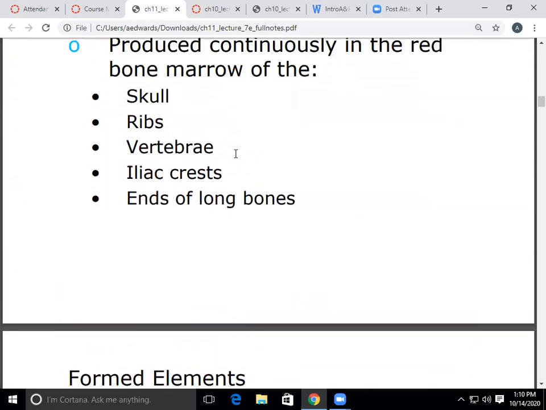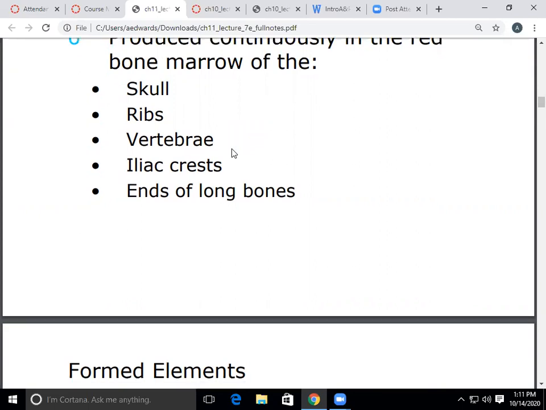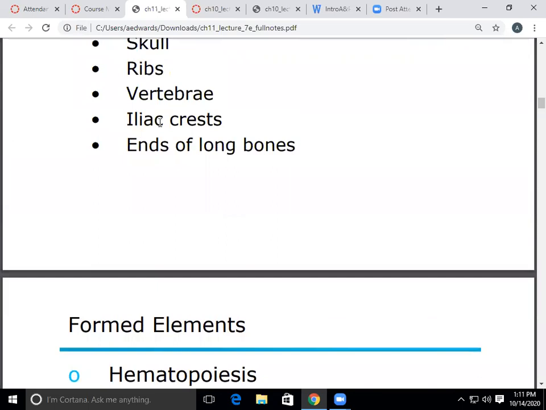You got to remember what we call the ends of long bones? Yes. Epiphysis, yes. The diaphysis in the middle, that's where more of your yellow bone marrow would be, where you get your immune cells. But just want to make sure, again, that's why we're kind of bringing this stuff back out, okay? So I want to make sure you know that. And remember, iliac is part of your hip, right? Part of that os coxae.